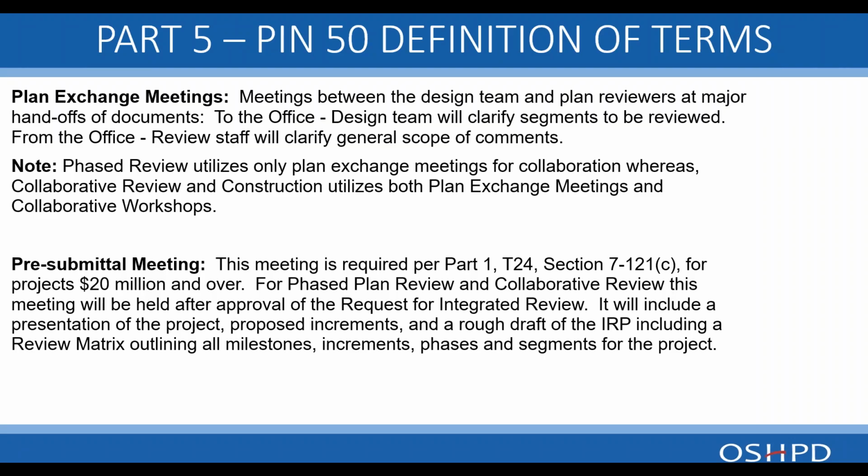It will include a presentation of the project, proposed increments, and a rough draft of the integrated review plan, including a review matrix outlining all milestones, increments, phases, and segments for the project. So you can see there is a lot of work and a lot of upfront planning required before the pre-submittal meeting is held.